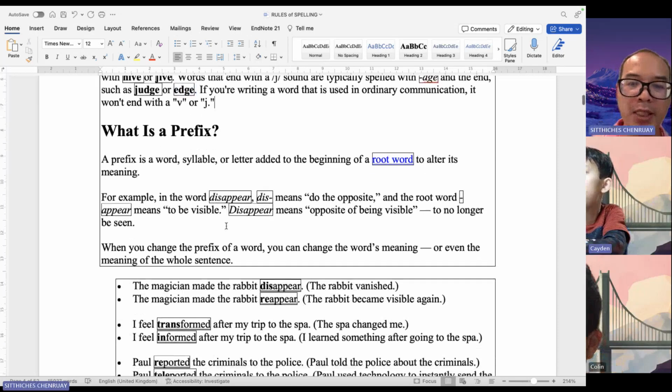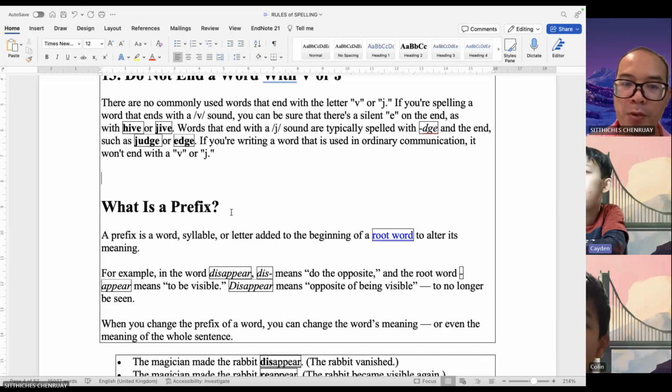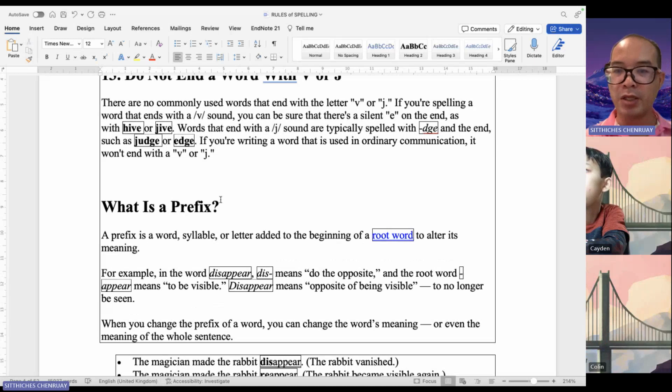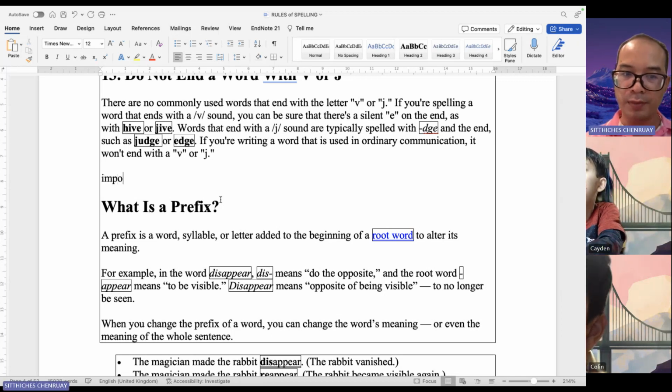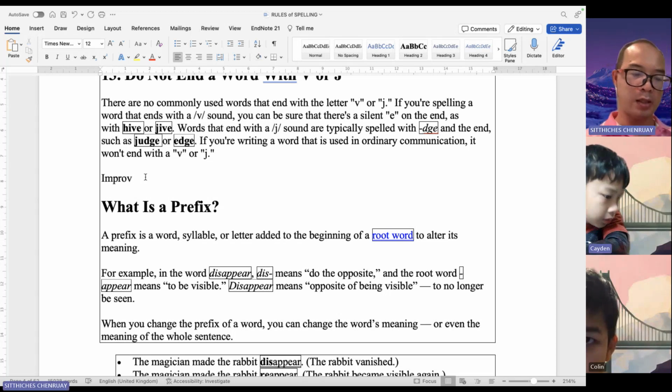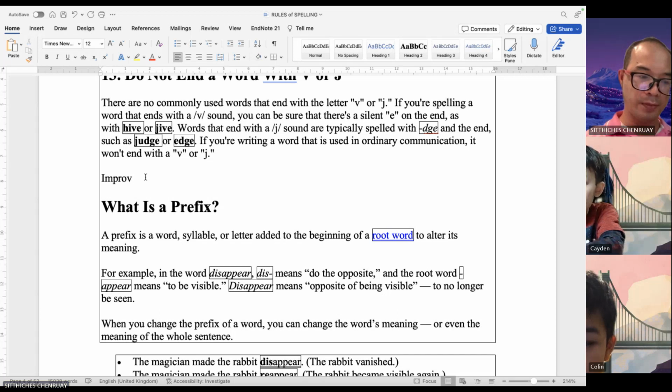Okay. Are there still words that end in a V and a J? Can you tell me? Improv. Like improve, but without the E. That's a word. Improve. I-M-P-R-O-V. Really? Okay, let me check.